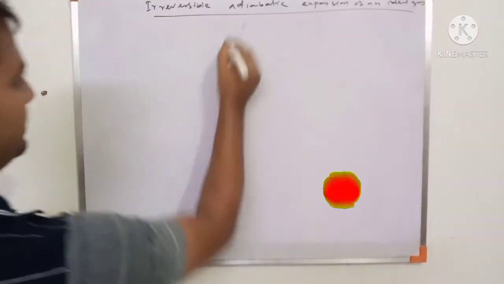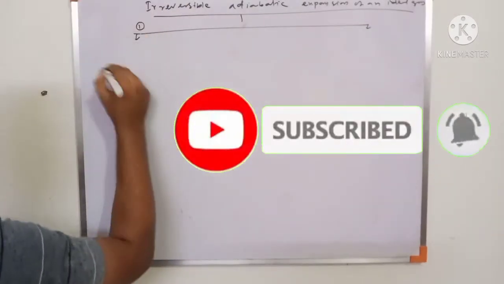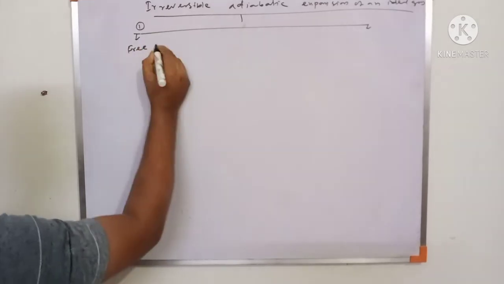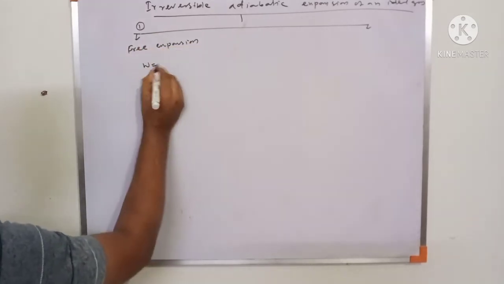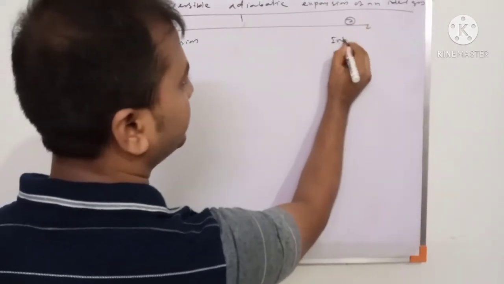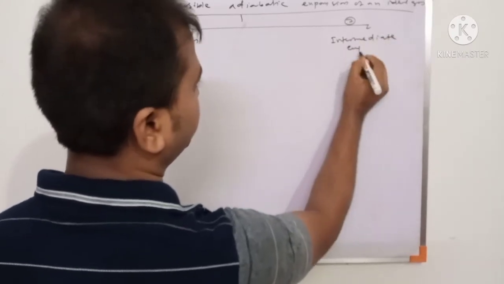Same condition. The condition 1 is free expansion, work equal to 0. And condition second is intermediate expansion.